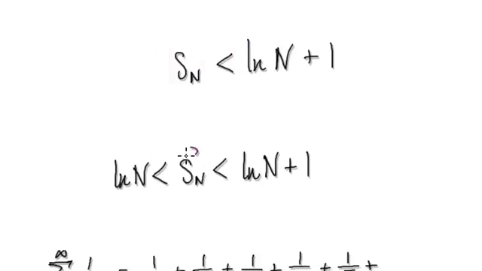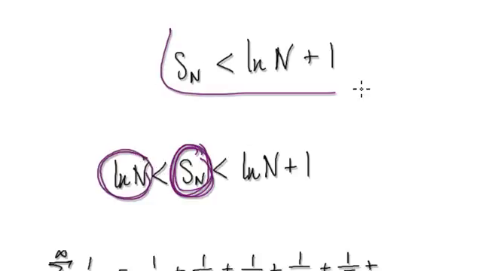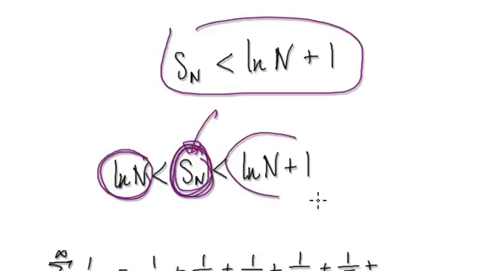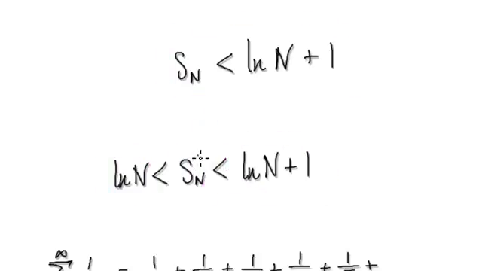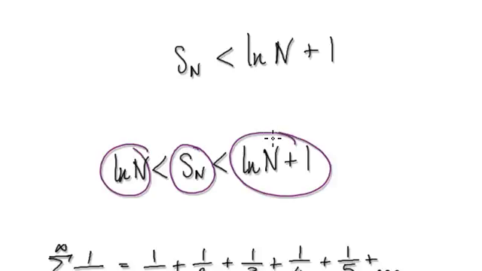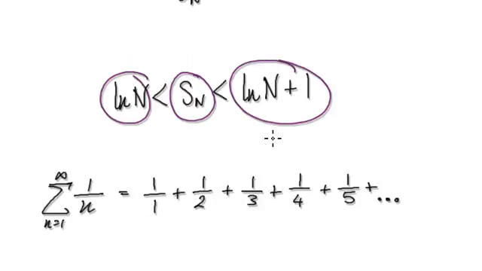Earlier we said, using Riemann's upper sum, the partial series will be greater than natural log of n. Just now we've established that the partial series must be less than this thing here. So basically Sn is trapped in between here and in between here. Okay, so I will continue in the next video.